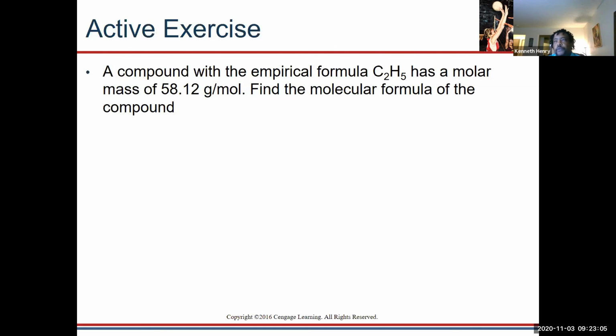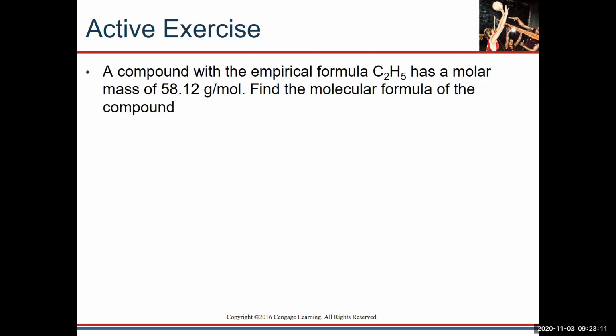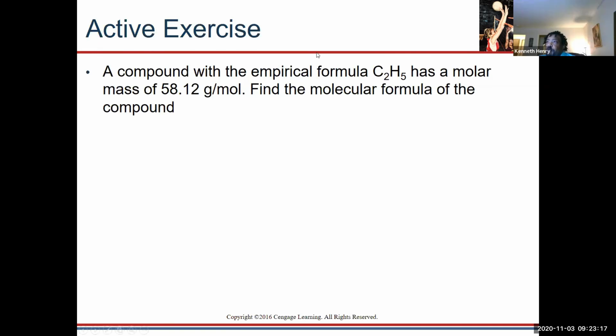So what am I given? The 58.12 grams per mole, that's going to be my molar mass of the molecular compound.